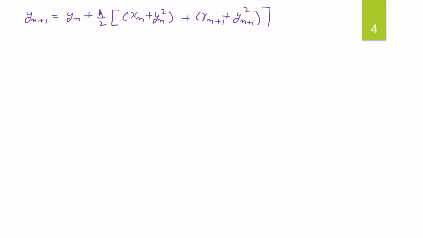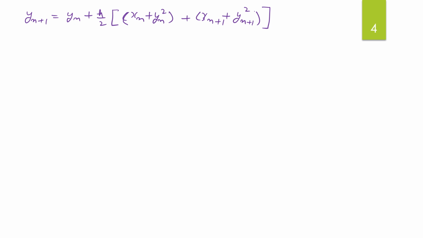For yn plus 1 is equal to yn plus h by 2 into xn plus yn square plus xn plus 1 plus yn plus 1 square.